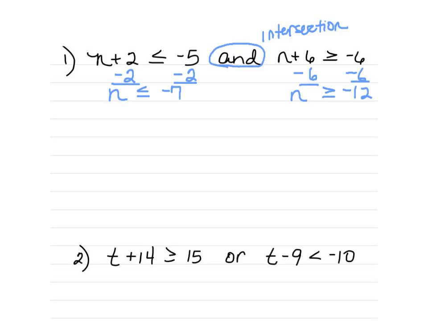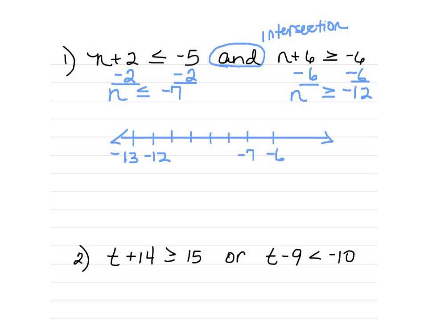The way that I like to do this is to first just lay down some numbers. I have negative 13, negative 12, those are important numbers, negative 11, negative 10, negative 9, negative 8, negative 7, negative 6.